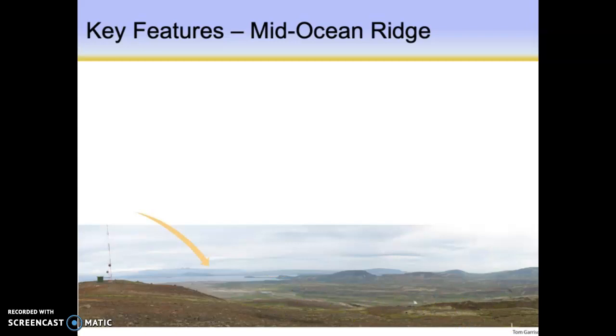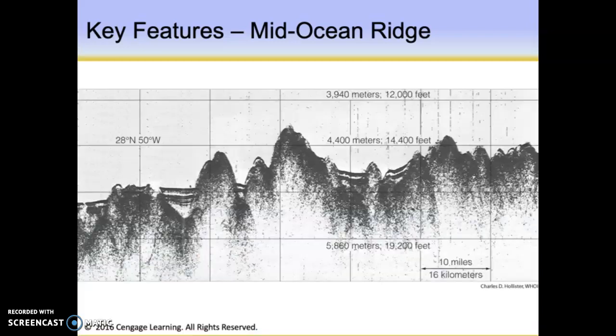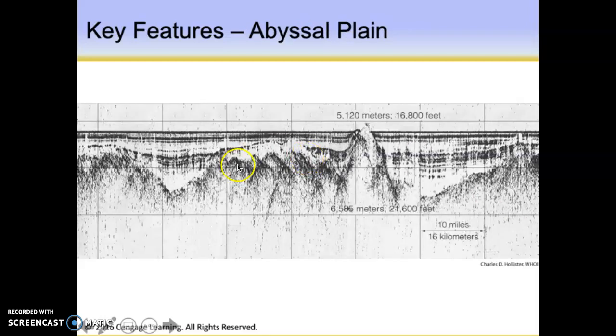Now, the other feature that's interesting to see, and let's go back to this. Remember, these are the rocks that are moving away from the mid-ocean ridge. We can see they're already getting covered with sediment. And over time, that sediment cover can build up and completely bury those little peaks. So the oldest parts of the ocean floor look like this.